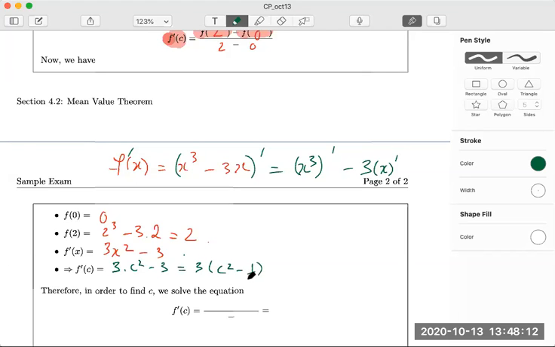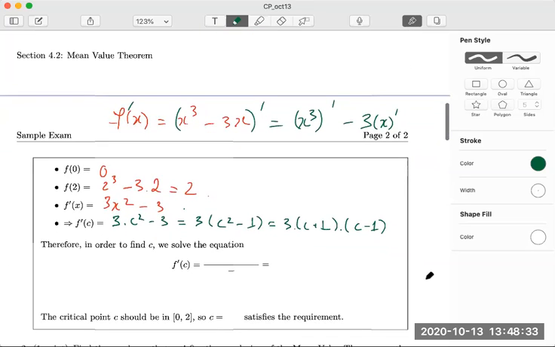So we have this, right? And we can also write it as, yes, so now we have f prime at C.